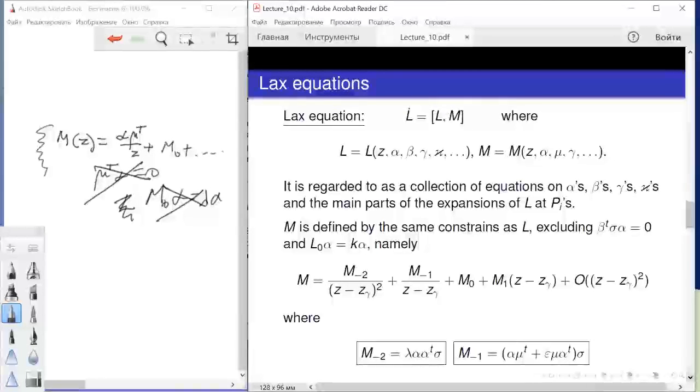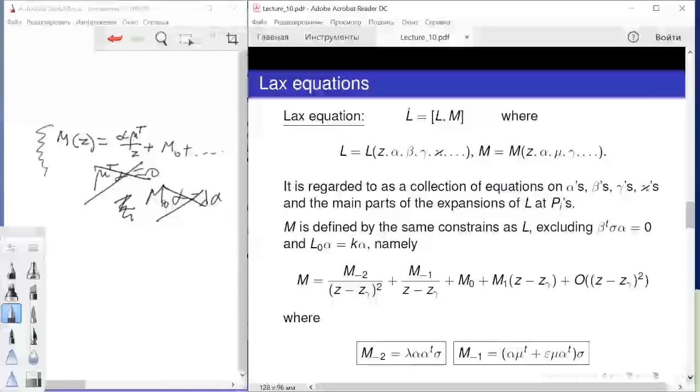If we give L and M operators, what will be the dynamical variables of the obtained dynamical system?